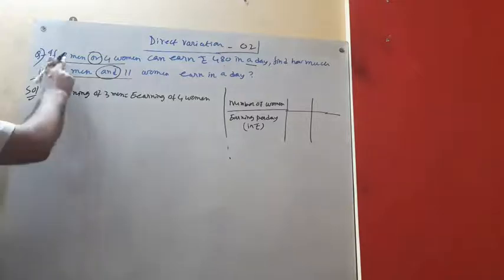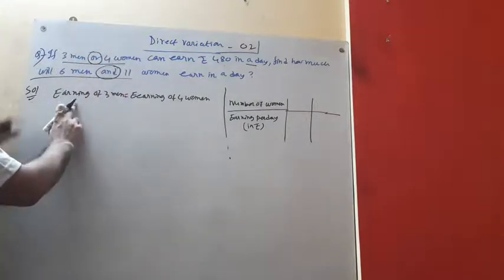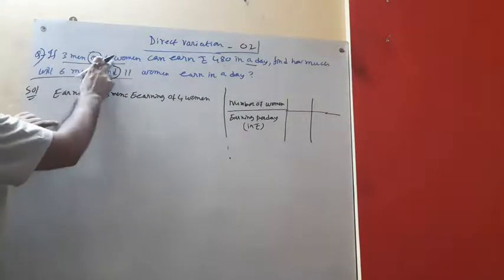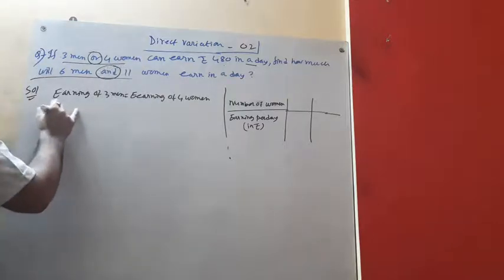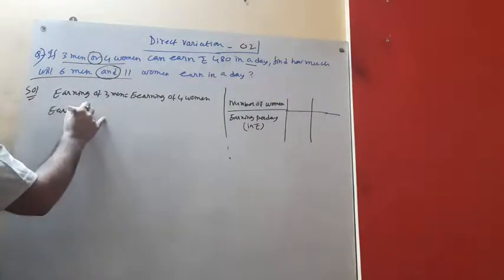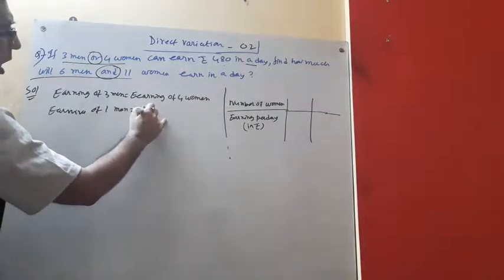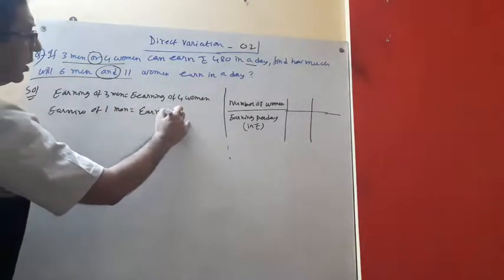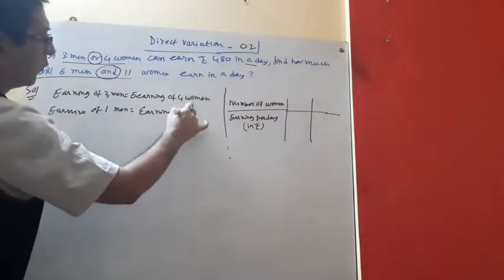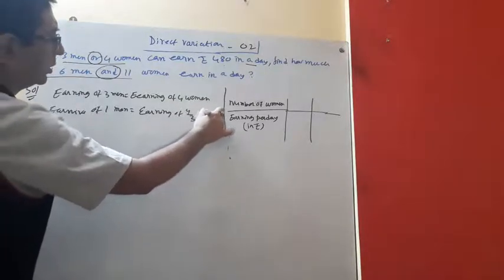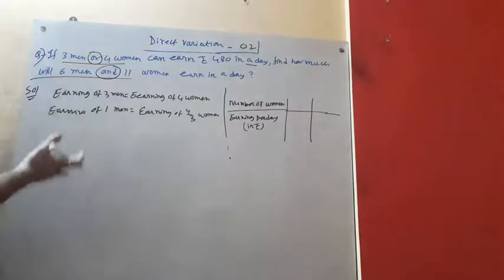So from the data we see, earning of 3 men equal to earning of 4 women. So earning of 1 man equal to earning of 4 by 3 women. That is using nothing but unitary method.